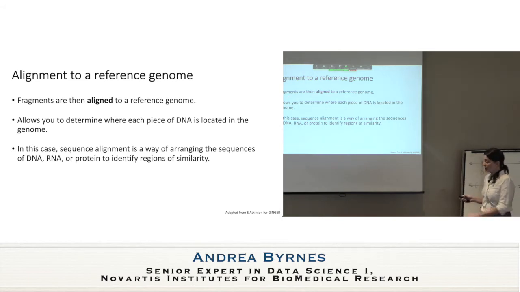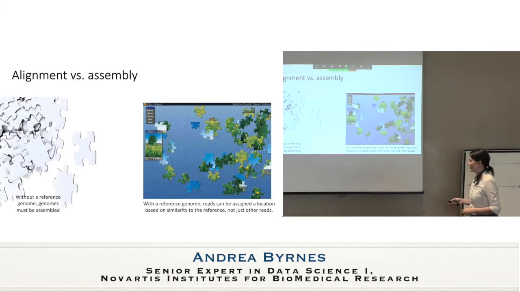But also, I think a huge help here is that we have done the Human Genome Project, and that these fragments can then be aligned to a reference genome. So this allows you to determine where each piece of DNA is located in the genome by arranging it to sequences that we already know about, that we've already seen. If you're trying to assemble the pieces that you've sequenced, just based on the sequence that you see, this is what you would call assembly.